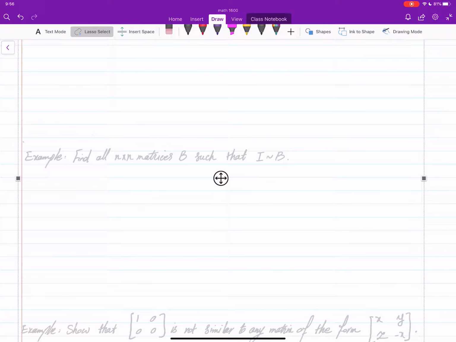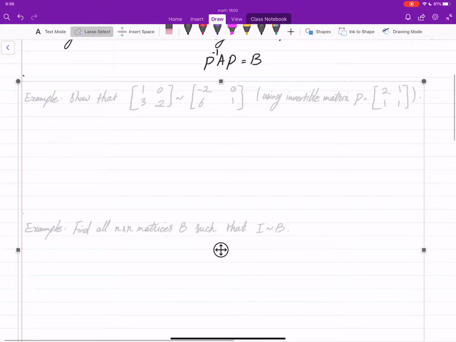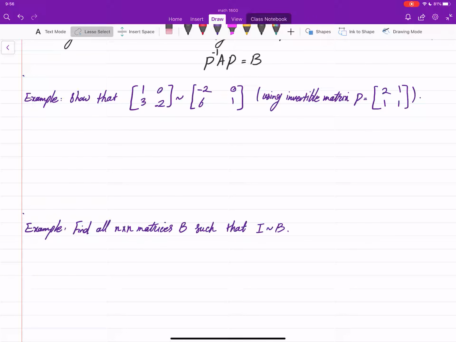Okay, so let me start with this one. Show that the matrix A is similar to B. Well, if you don't have the hint given there, this is not easy to do. We will study more things and you will see how this works. But in general, it's not easy.